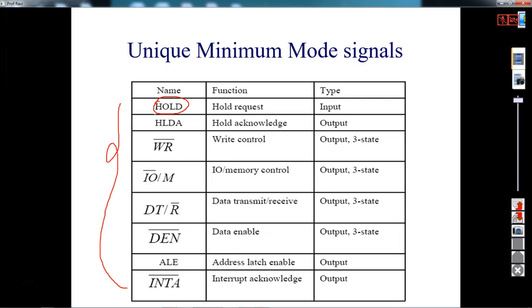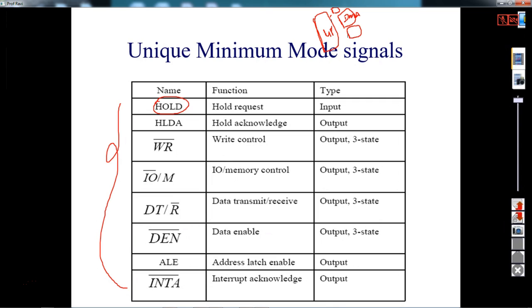Then what it does is it uses another controller called direct memory access controller. Direct memory access controller is one more submaster which will do this memory transfer. Let us see here: this is your microprocessor, here is your DMA, here is your memory, and here is your pen drive or IO.